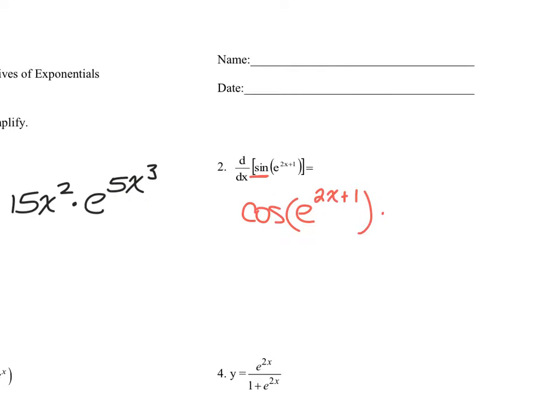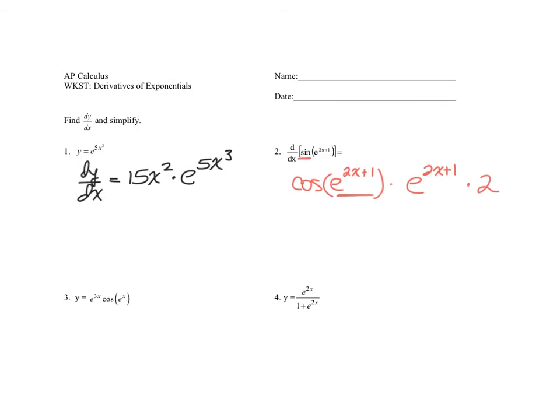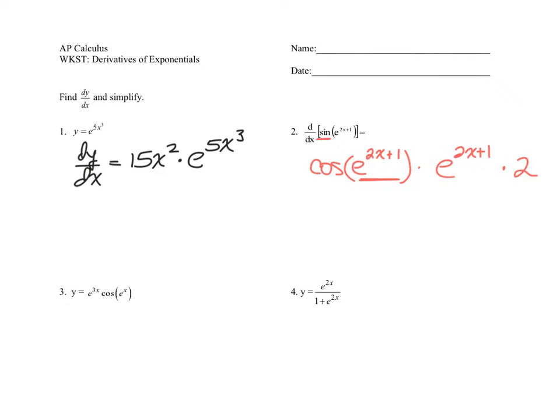Times the derivative of the inner function, which would be e to the 2x plus 1 times 2, the derivative of the exponent, because the derivative of 2x plus 1 would be 2. This guy becomes that.